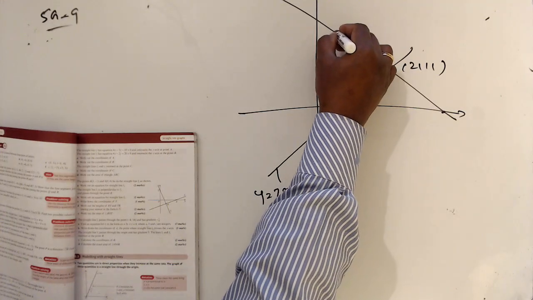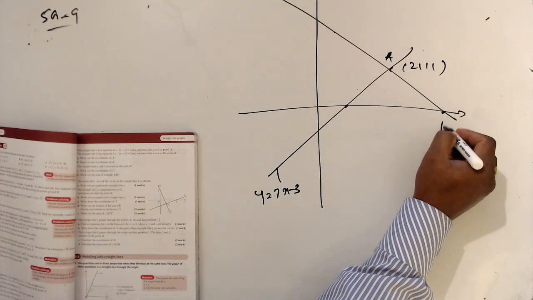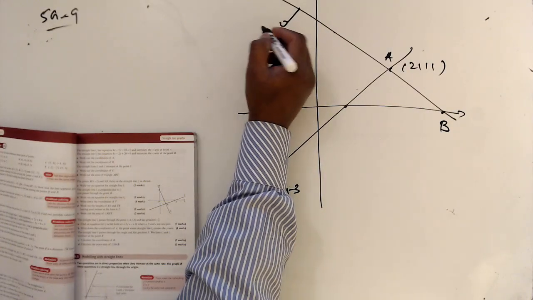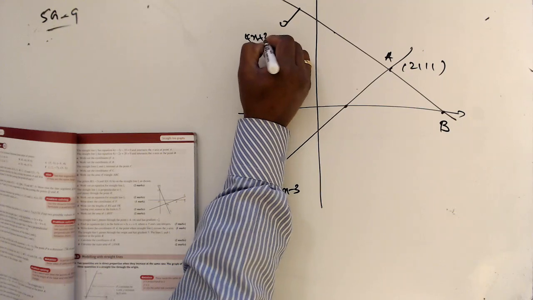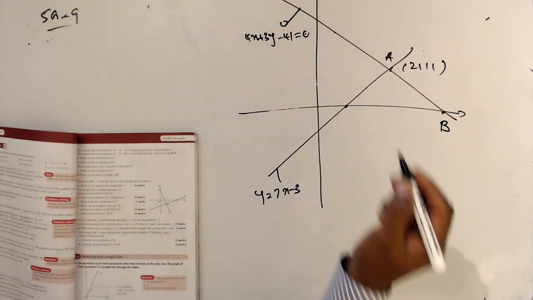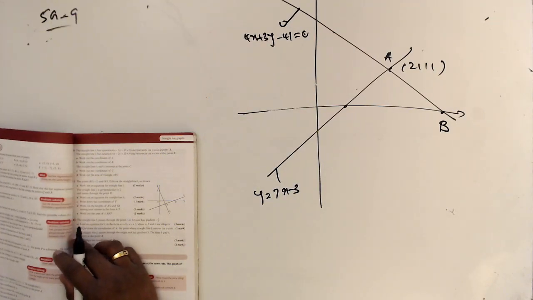This is point A. This is point B. And the equation of this line is 4x plus 3y minus 41 equals 0. Now we want to find the B point.